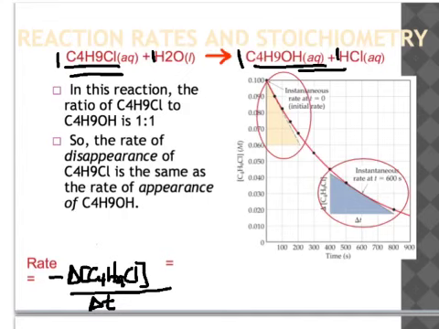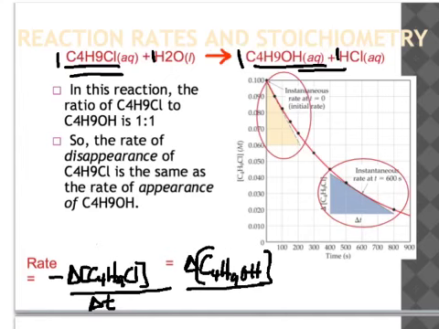That is going to be equal to the rate of appearance of the butyl alcohol. So since it's being produced, we're going to consider that a positive change. Rate of appearance of the butyl alcohol is going to be equal to the change in concentration of the butyl alcohol over time.